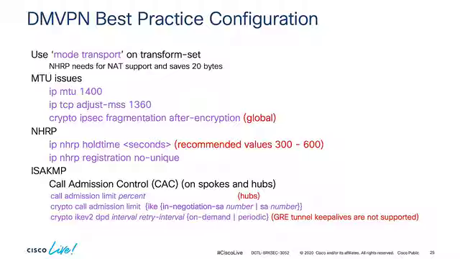The reason is that if your spokes go down in your DMVPN network and all of them come up suddenly, you don't want the hubs to be overwhelmed. It is also not a good idea to enable GRE tunnel keepalives because they are not supported.